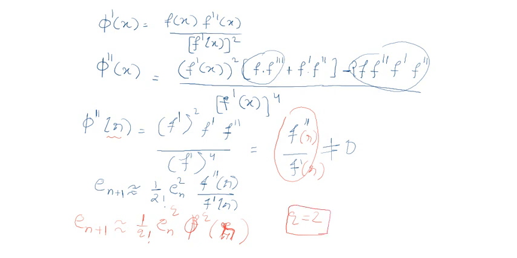Replacing q by 2, and since phi second derivative at R is f double dash of R divided by f dash of R, this shows that e_{n+1} is big O of e_n squared. That is, mod of e_{n+1} is less than or equal to c times mod of e_n squared, for small n.